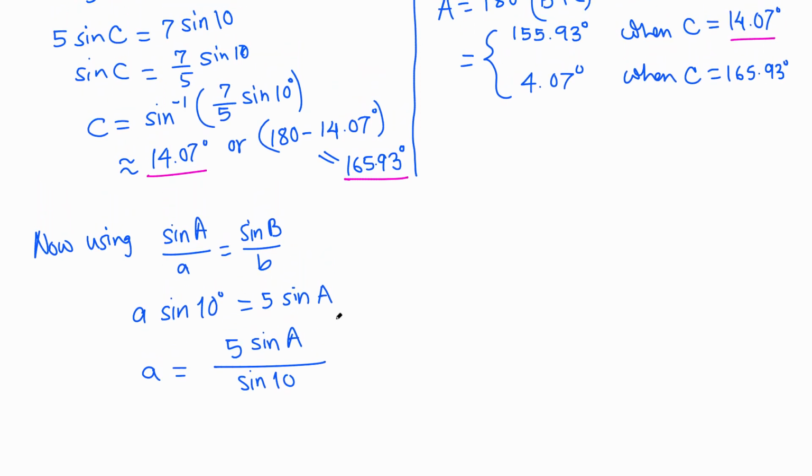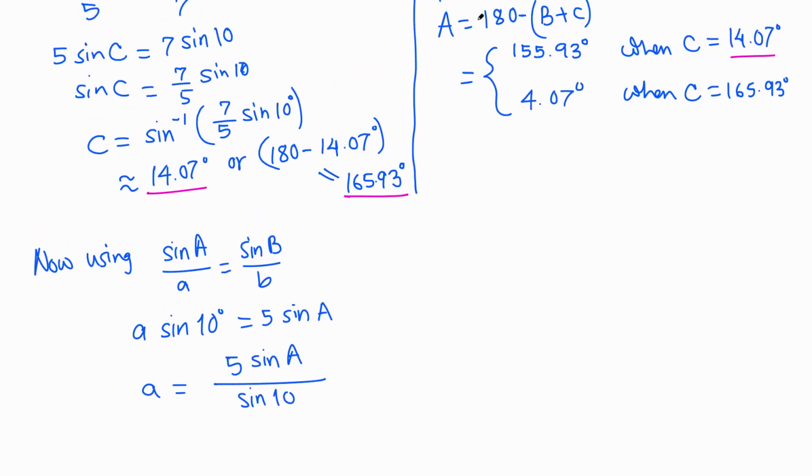Now angle A has two values. We're going to take A equals 155.93 and evaluate this, then take A equals 4.07 and evaluate this.